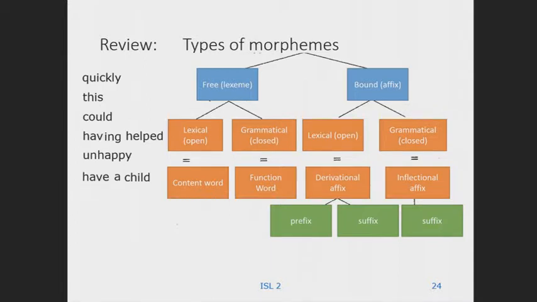Okay, let's see then. What are the content words? Just shout them. Quick, yes. What else? Help, indeed. Have, yes. Which one, though? Is it indeed both of them?